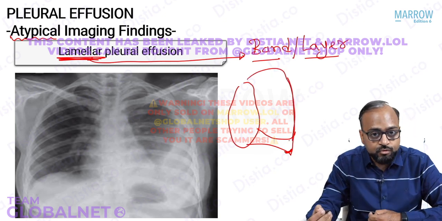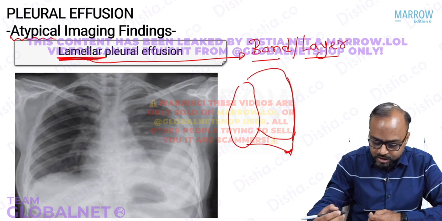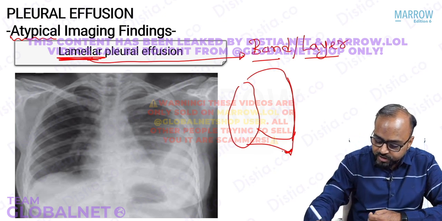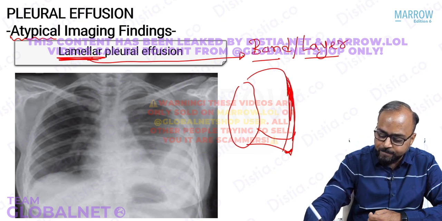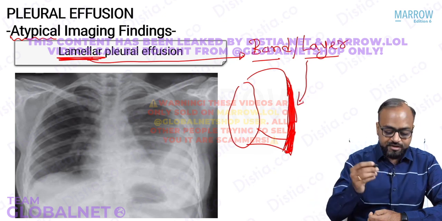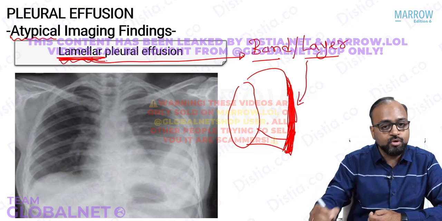But sometimes, instead of settling down, fluid rises up vertically like this, parallel to the thoracic wall, and creates this thick band-like or layer-like opacity along the lateral thoracic wall. When it creates this band or layer-like opacity, it is called lamellar pleural effusion.